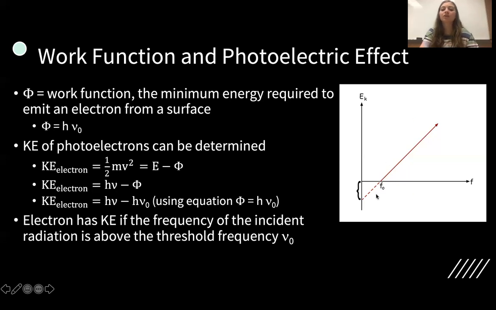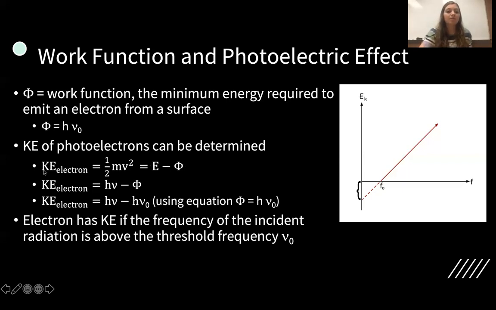So we can calculate this kinetic energy using a few different equations. The first one, from another lecture, we know that the kinetic energy of an electron is equal to half times the mass times the velocity, or speed, squared. Okay, and that is equal to the energy minus the work function.